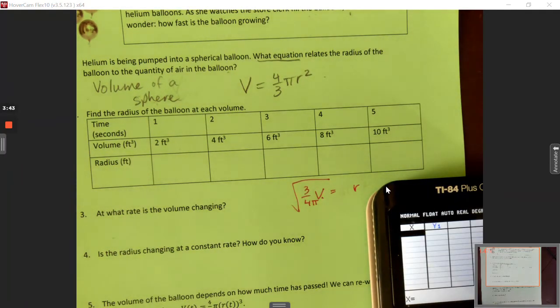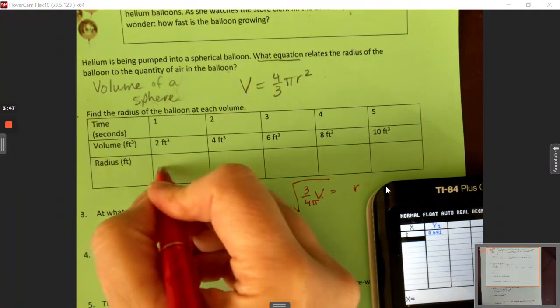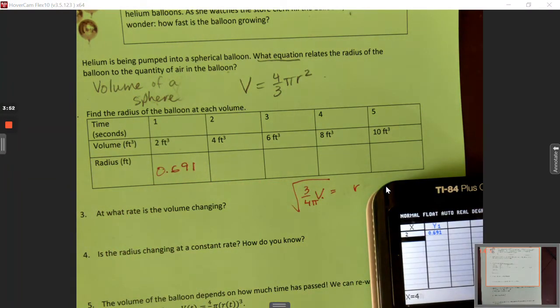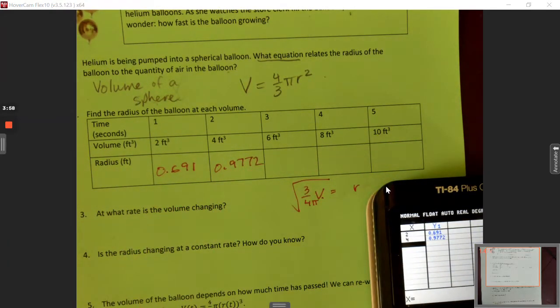And so we're going to plug in 2 feet cubed, and we get 0.691. We'll plug in 4 feet cubed, 0.9772.